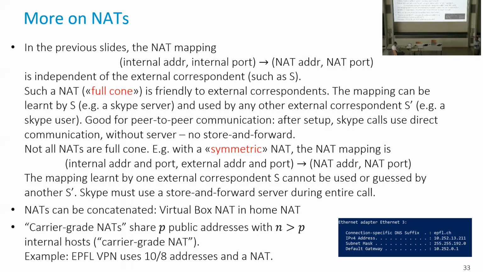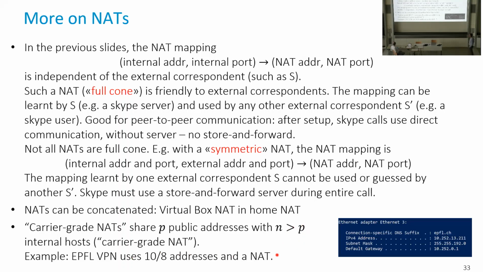We can use the same principle of NAT to share not just one address, but a number of addresses. So if I have a block of P addresses, I can share those P addresses among N hosts, with N much larger than P, using the same trick. This is what EPFL does, for example.